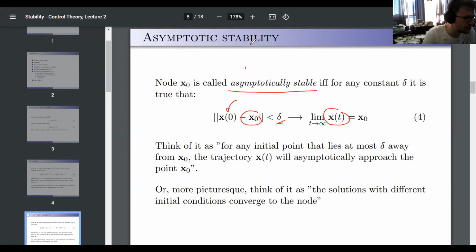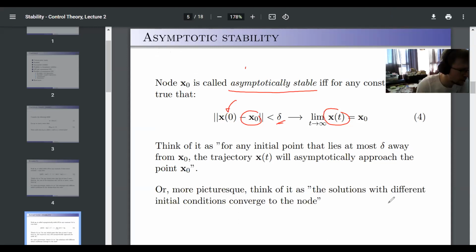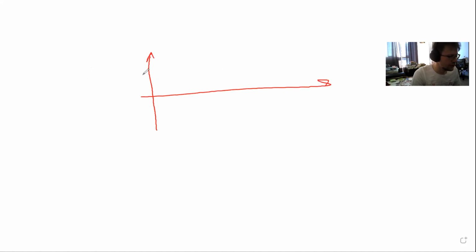Let me see if I can create a blank slide. One second. All right. Can you see the whiteboard? You probably can. Let me know if only I can see it. So you can have this, let's say x naught here.